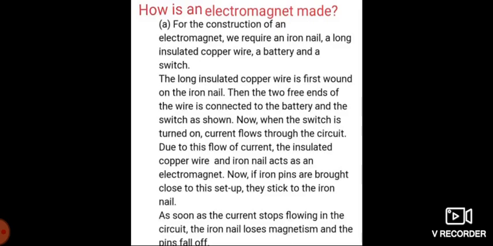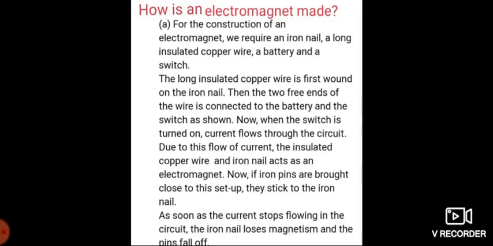Now see what to do. The long insulated copper wire is first wound on the iron nail. Then the 2 free ends of the wire are connected to the battery and the switch as shown. Now when the switch is turned on, current flows through the circuit. Due to this flow of current, the insulated copper wire and the nail act as an electromagnet.